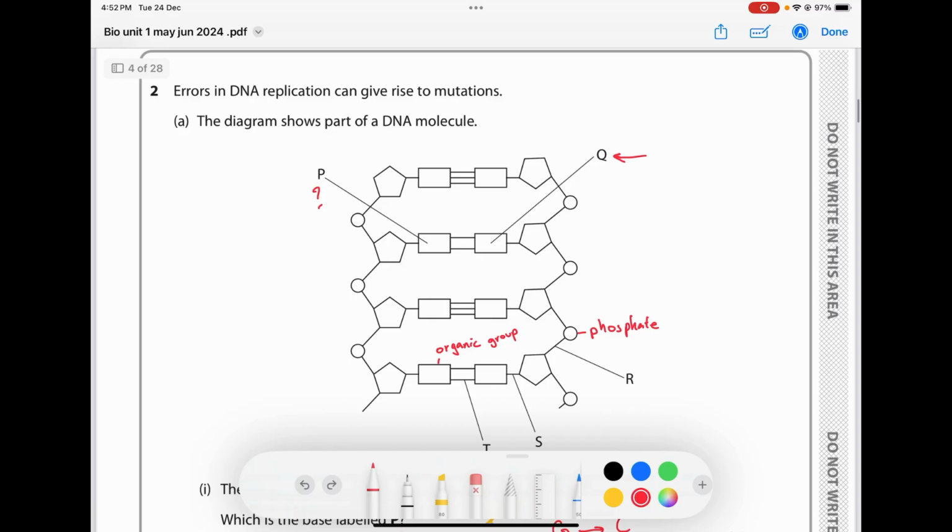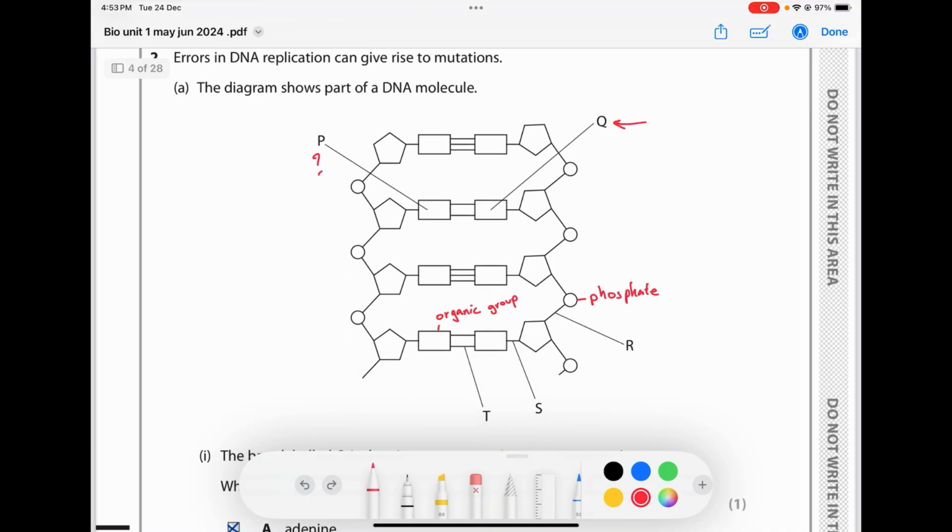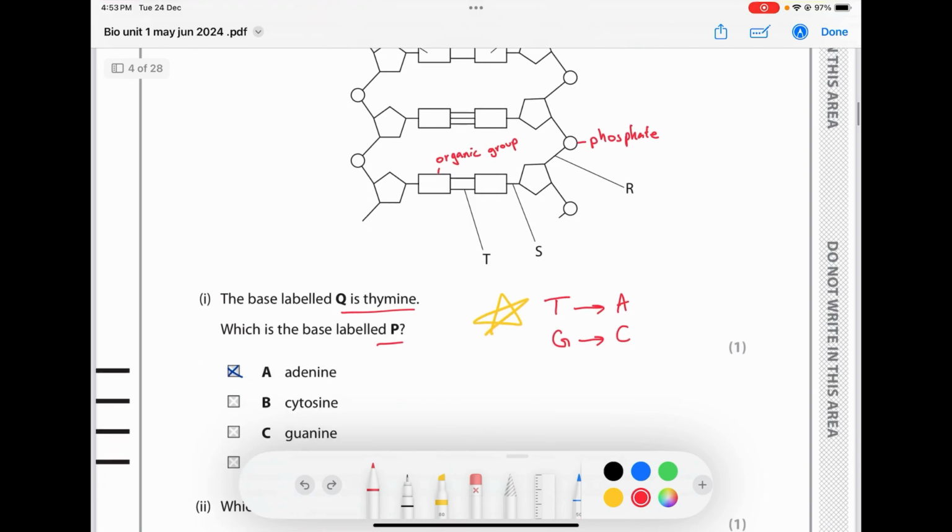Now let's move on to question 2. Question 2 is about DNA replication. Errors in DNA replication can give rise to mutations. The diagram shows part of a DNA molecule, with some labeled pieces.